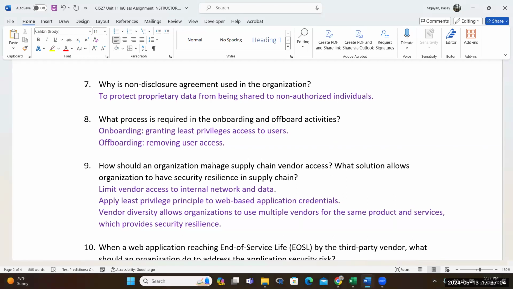So that means that they would limit vendor access to the internal network and data. So for example, Walmart might sell Disney products, right? So Disney would be one of their vendors. Now Disney might need access to the inventory system that would include Disney products.